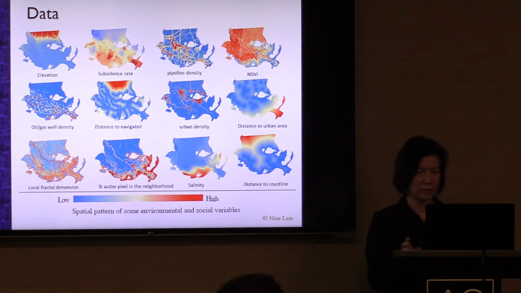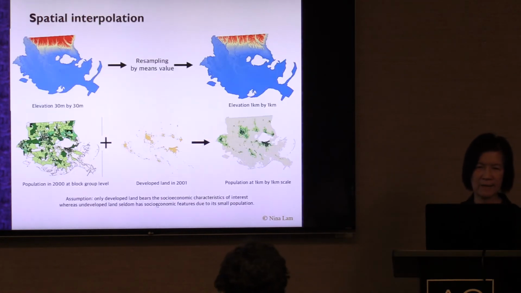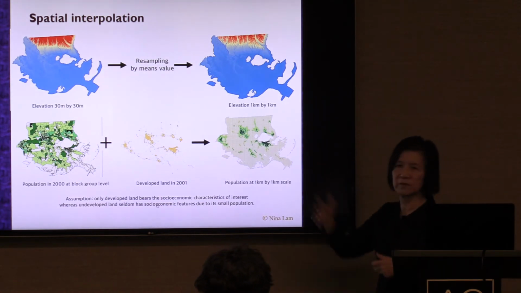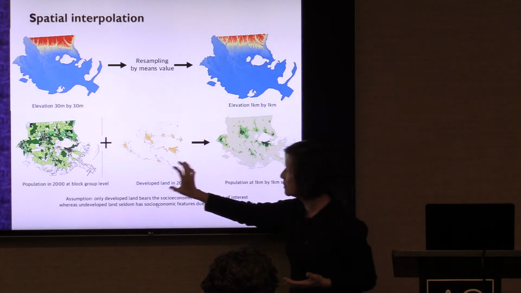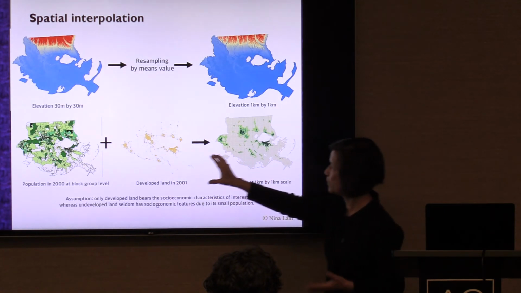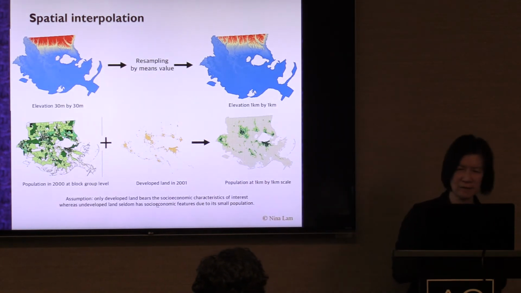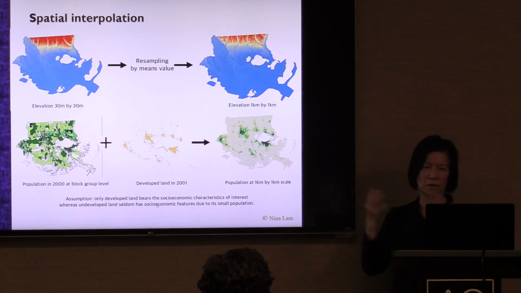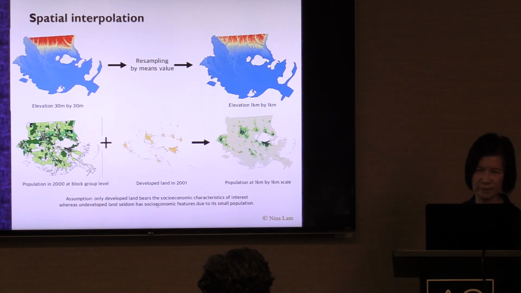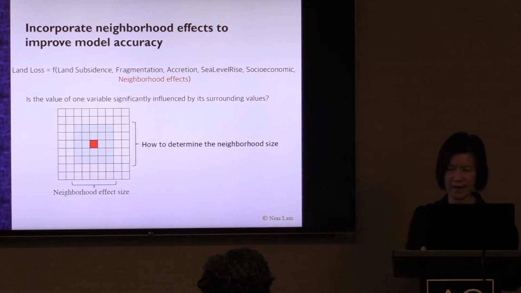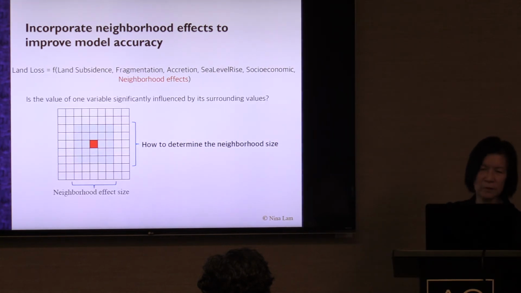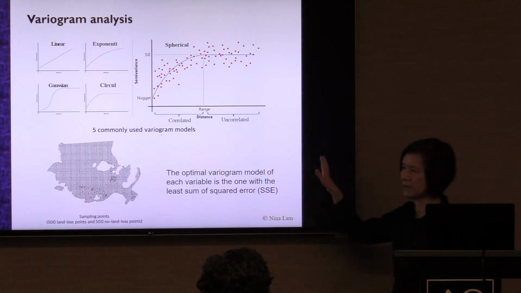We just use a very conventional spatial interpolation method, a little bit of areal interpolation using some existing data, so that we can put it all into 1 kilometer by 1 kilometer data. And then we wanted to incorporate the neighborhood effects. The simple tool here is variogram analysis.